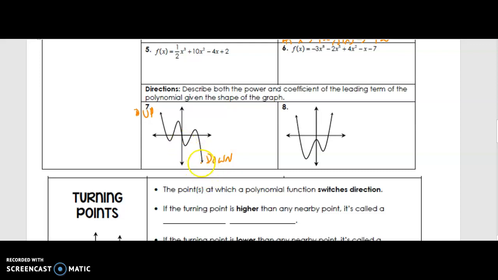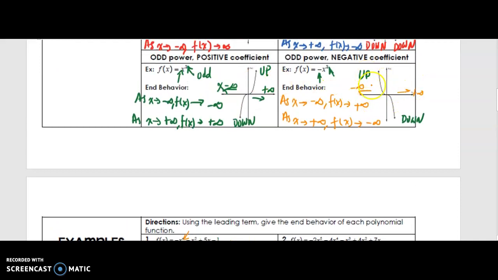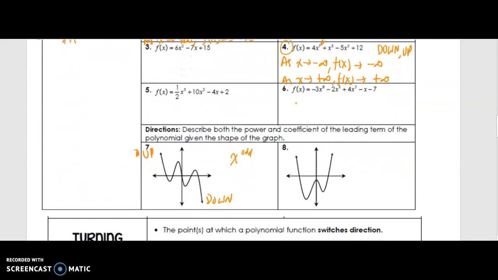So it's definitely an odd function. So in that case, we would say that it's definitely some odd power, and since this is going up, as x is approaching negative infinity, the y is going up, isn't it? So it must be a negative coefficient also in addition to this.